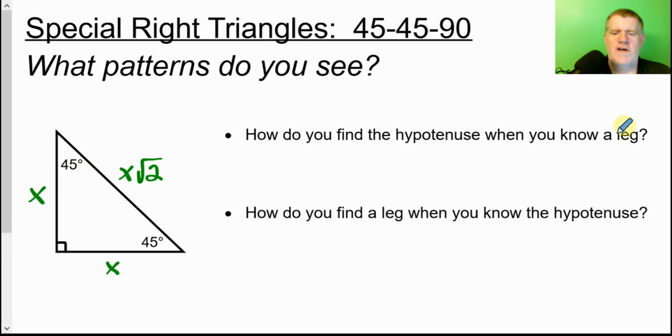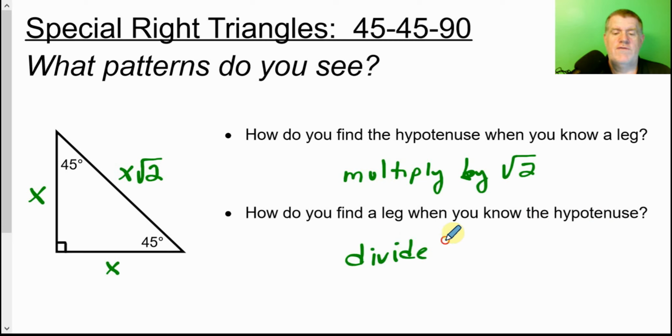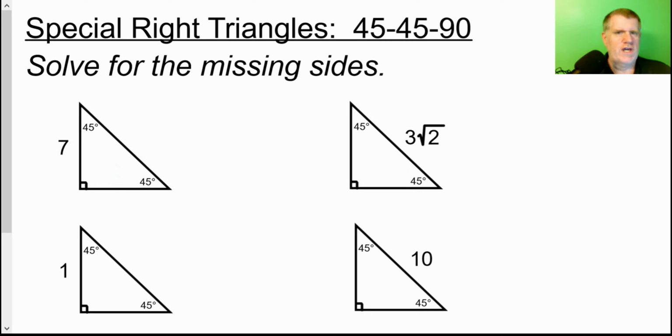Okay. How do you find the hypotenuse when you know a leg? Well, you multiply it by the root of 2. And if you happen to go the opposite direction, how do you find a leg when you know the hypotenuse? Well, you divide it by root of 2. Okay? So real quick, just a little refresher.